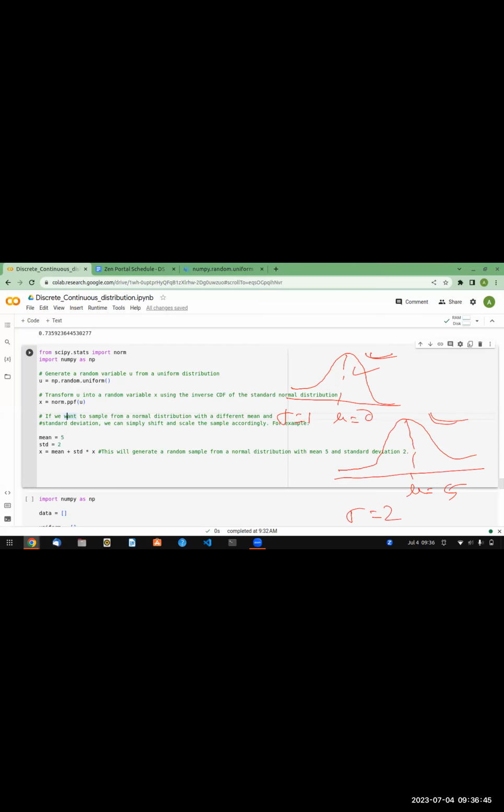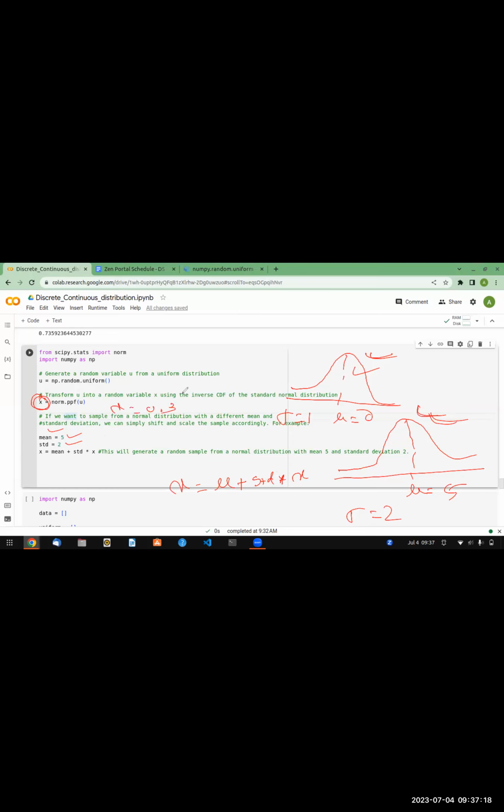What will happen if I want sampling from here? You define your mean from where you want to take the sample, that is 5, and the standard deviation is 2. Whatever number you get, you do x equal to mu plus standard deviation into x. Suppose here x we got 0.3.